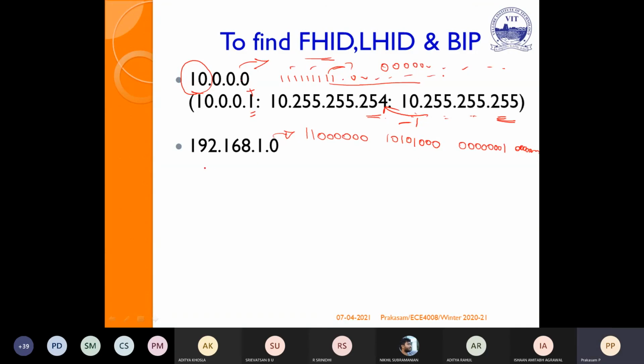Then create the mask. This is 8, 8, 8, so create the mask with 24 ones. The first 3 fields are ones, and the remaining last 8 bits are 0. Then do the AND operation.